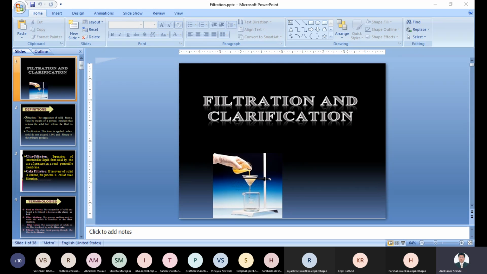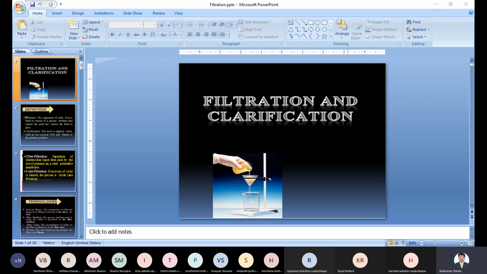If you want to prepare aromatic water, solutions, mixtures, or syrups, and you want a clear solution, whatever insoluble or undissolved substances there are should be removed from the liquid with the help of the filtration method, right? This is one of the important processes in pharmaceuticals, and this is filtration.